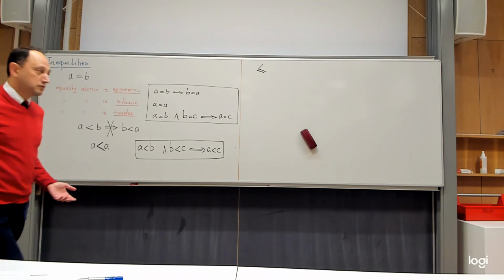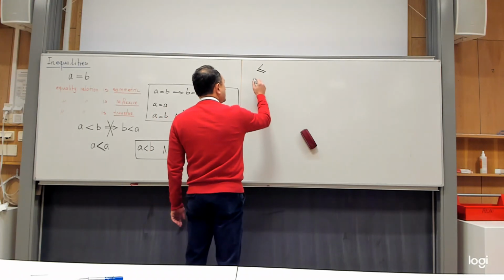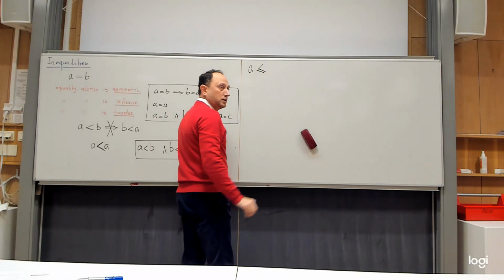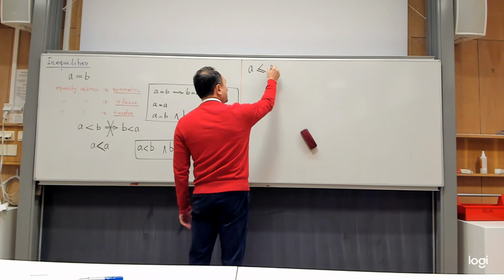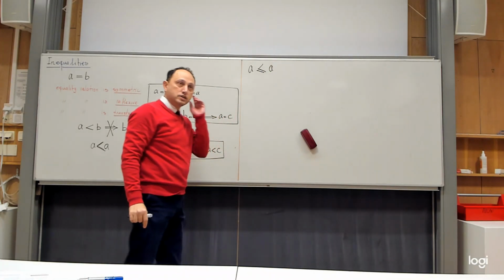This is reflexive, because no matter which number A I choose, if I write A is less than or equal to A, is it a true statement or a false statement?